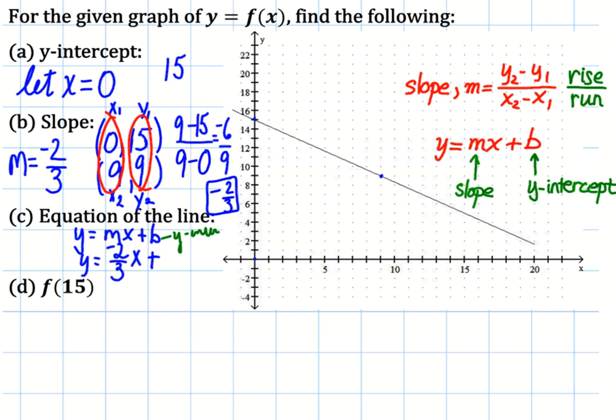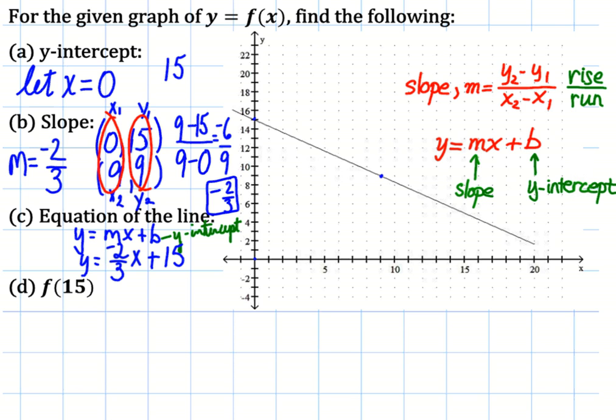Again, that is where it touches the y-axis, and x is equal to 0, so that would be 15. Also, our line is going down, and that's true because our slope is negative. It's decreasing. A negative 2/3 is the slope, so that means the diagram should go down.